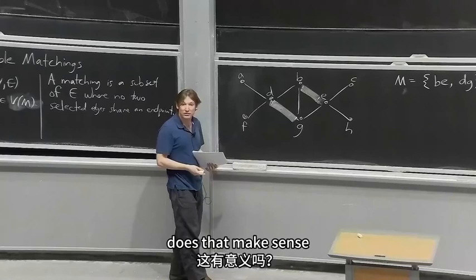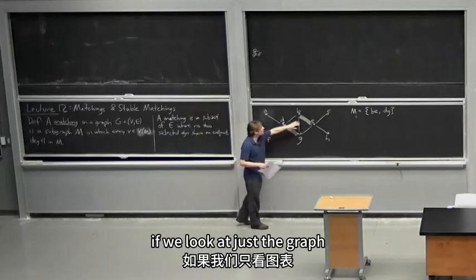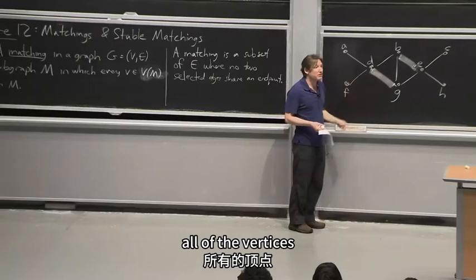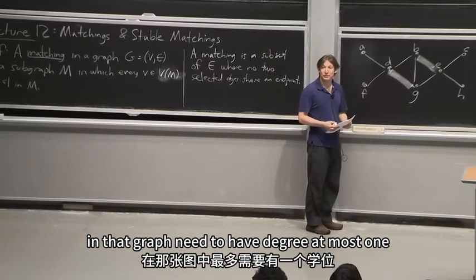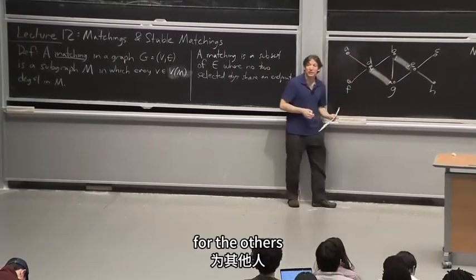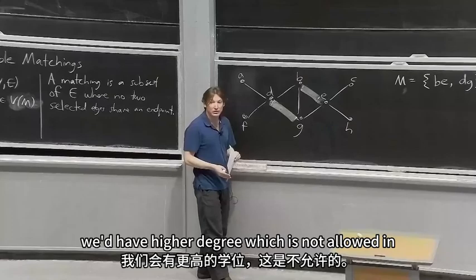Does that make sense? So said, more similar to our first definition, if we look at just the subgraph that includes our chosen edges, all of the vertices in that subgraph need to have degree at most 1. So this has degree 1 and 1 and 1 and 1, and zeros for the others. If we have edges sharing endpoints, we'd have higher degree, which is not allowed in a matching.